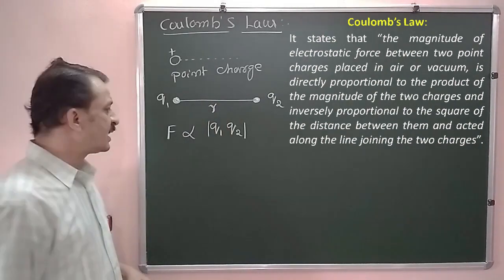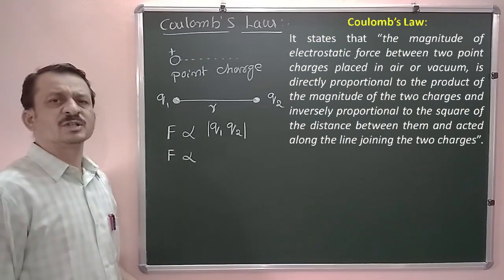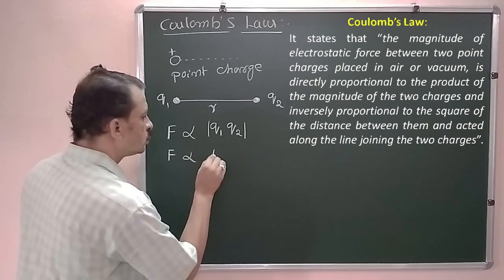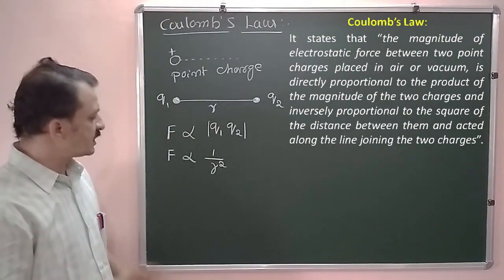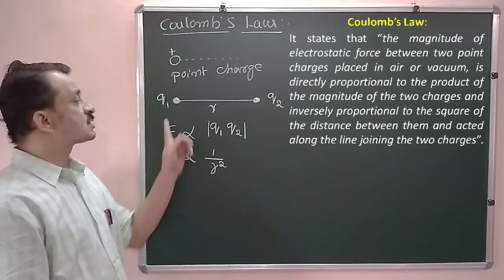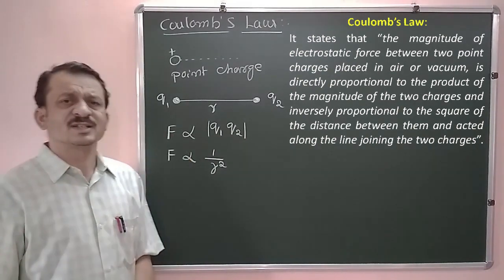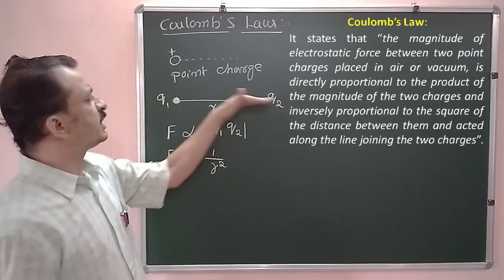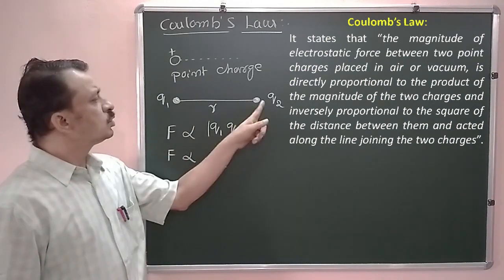The second point states that this same electrostatic force, either attractive or repulsive depending on the kind of charges, is inversely proportional to the square of the distance of separation between the 2 charges. That is, inversely proportional to r square, an inverse square dependence. And this force is a vector quantity, therefore its direction is along the line joining the 2 charges.